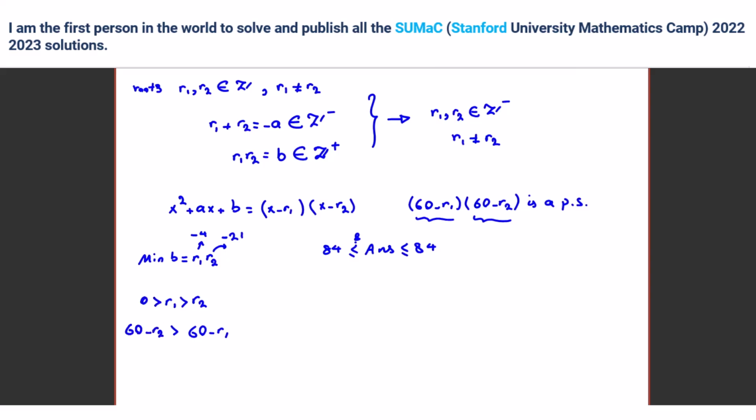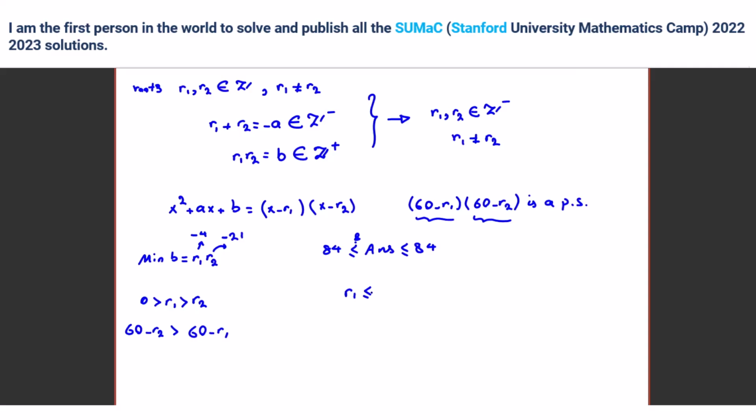So with 84, if you go beyond 69 and go to 70, then R1 is at most negative 10, sorry, and then R2 would have to be at least negative 8 to fulfill the requirement of being less than 84.